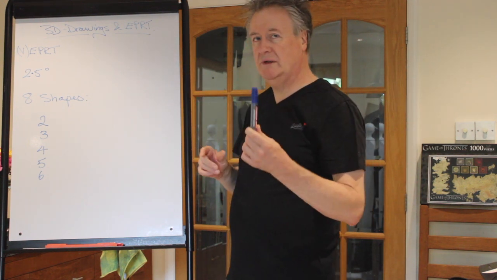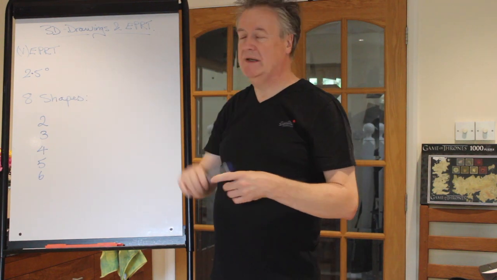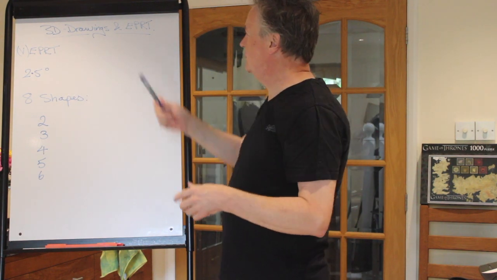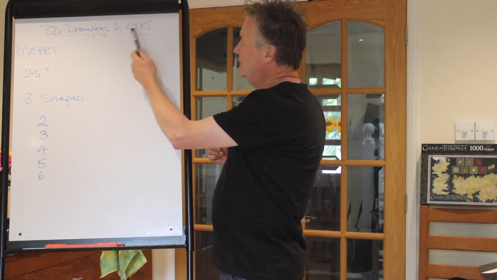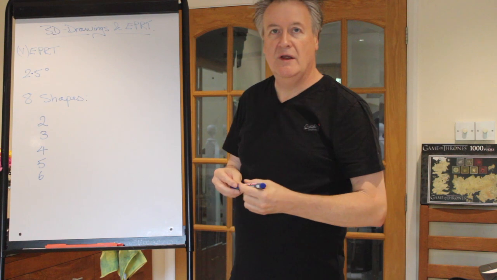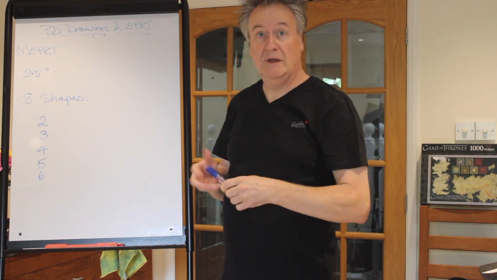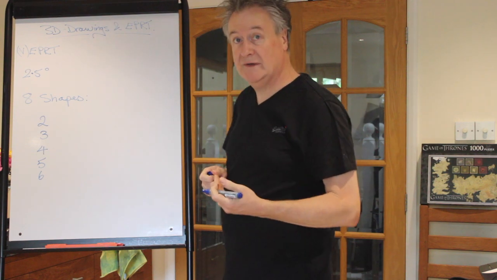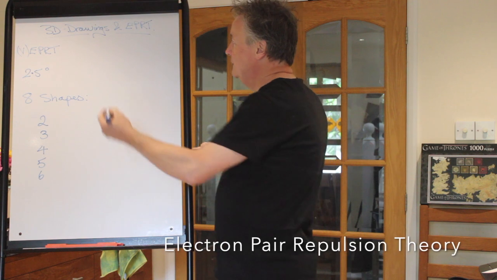You find it written in other sources as VEPRT, the V standing for valence. You just need to think about pairs of electrons. So it's electron pair repulsion theory. It is just about electrons.